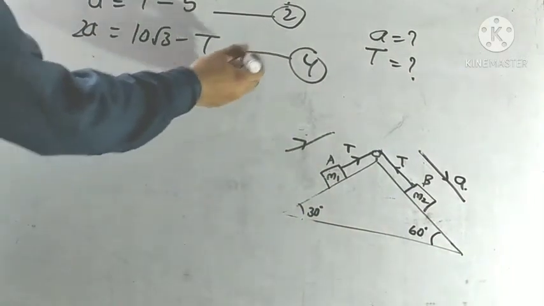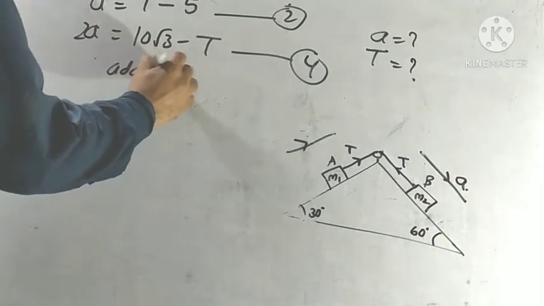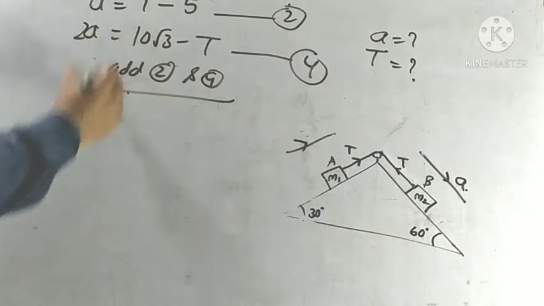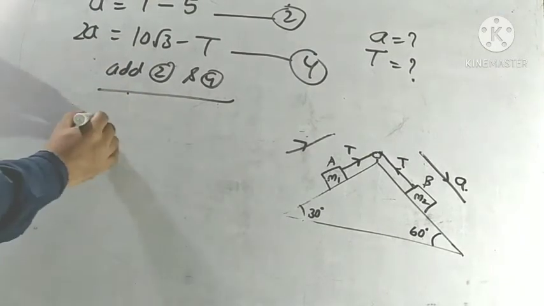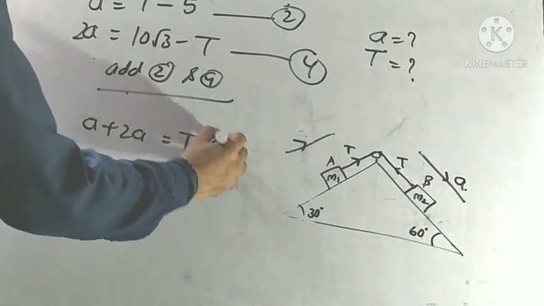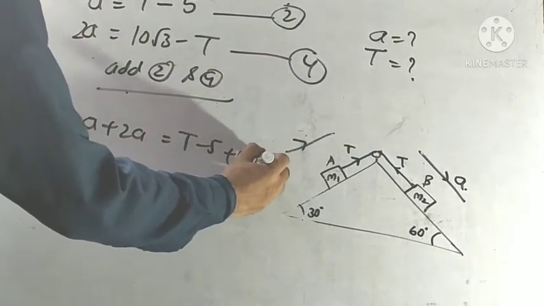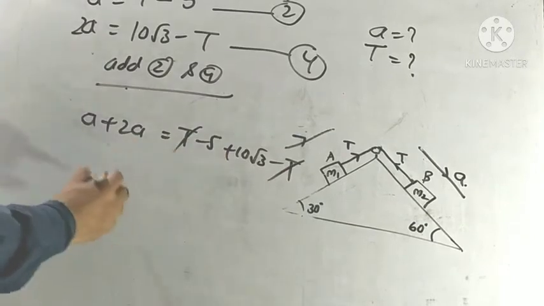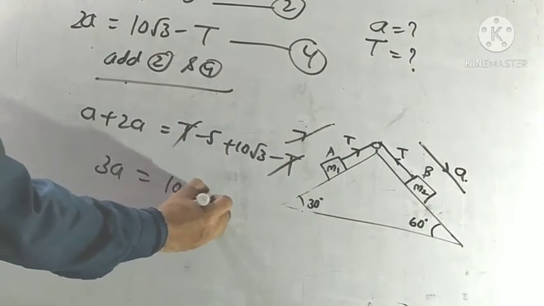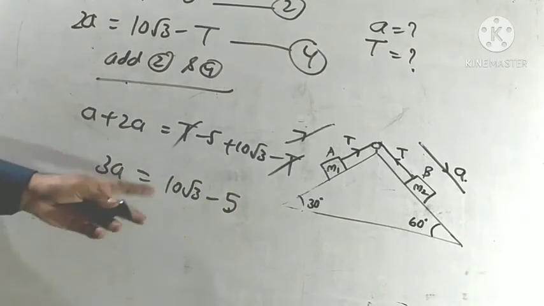We add both these equations, equation number 2 and equation number 4, to find the acceleration. So 2a and a make 3a, equal to T minus 5 plus 10 root 3 minus T. T and T cancel each other, and it becomes 3a equals 10 root 3 minus 5.